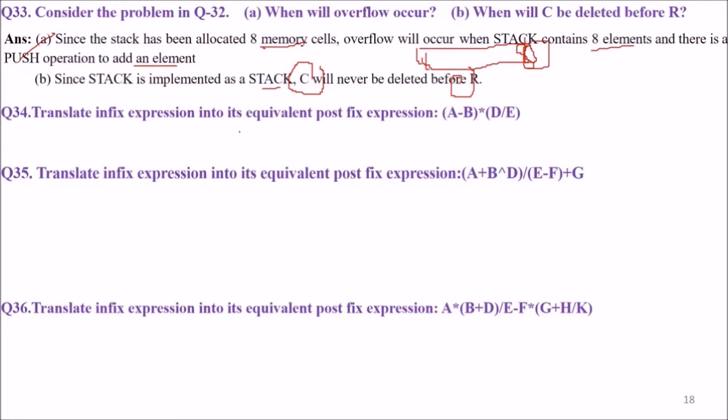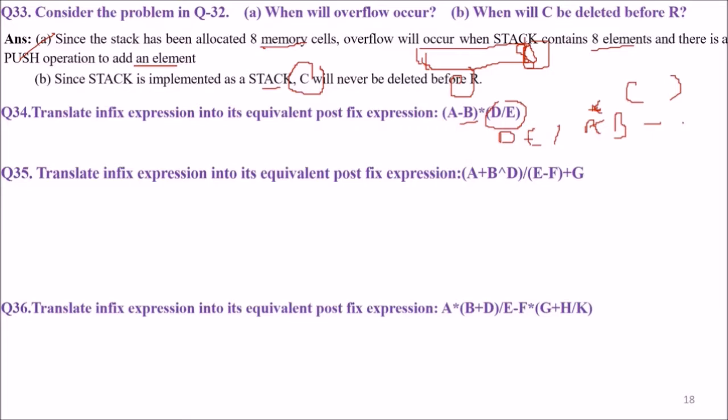Next is translate infix expression into its equivalent postfix expression. I hope you know that first preference will be given to the round brackets, then the multiplication. This will give rise to AB minus, and this will give rise to DE division, and then multiplication.